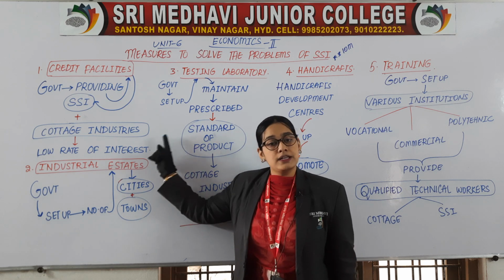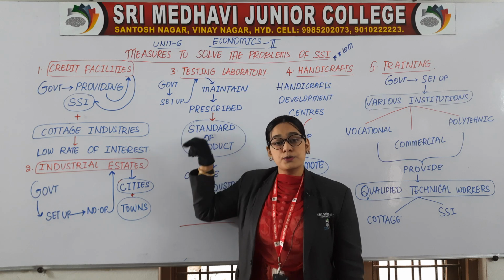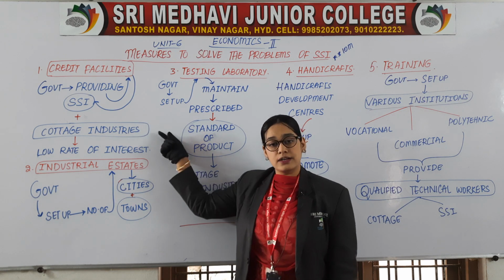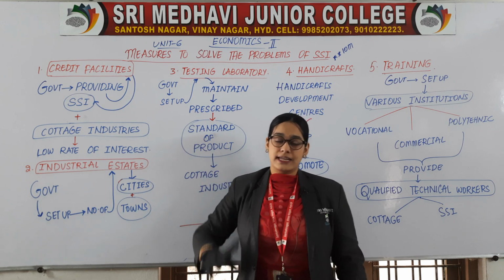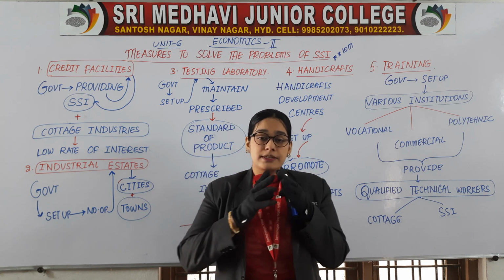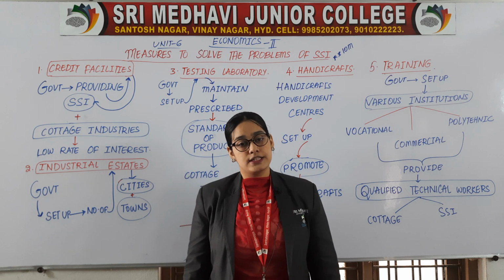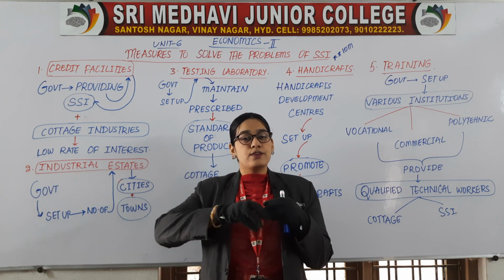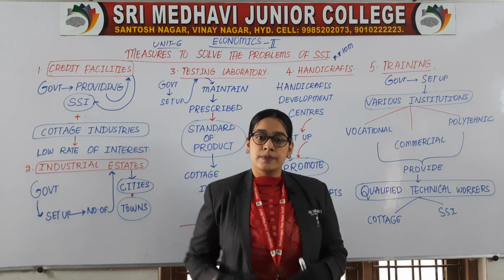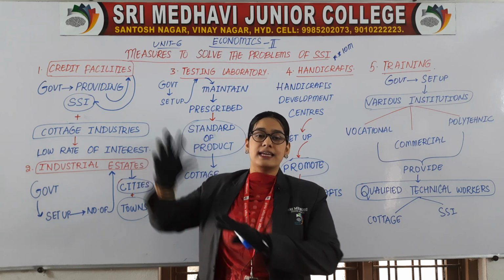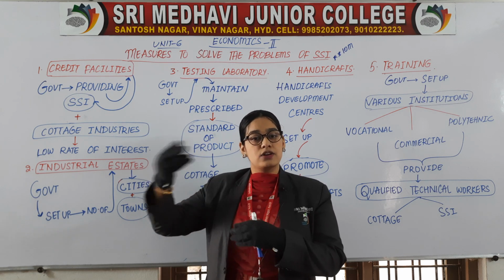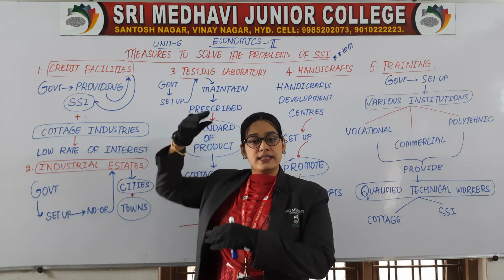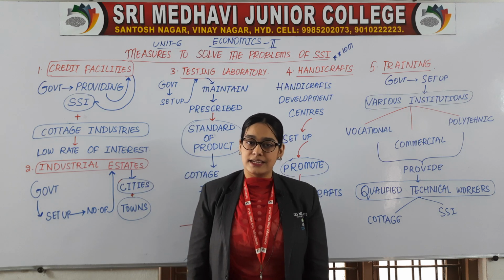Imagine that if the government is not there, what is the last option to get the loan, to get the credit facility for SSI and cottage industry? That is money lenders. Money lenders will be charging a high rate of interest, double, triple rate of interest they will be charging. So if they take a loan, they won't be able to repay it, so their debt burden will increase. They'll take a loan and not be able to repay, take a loan, not be able to repay, and in this way their debt will be increasing.